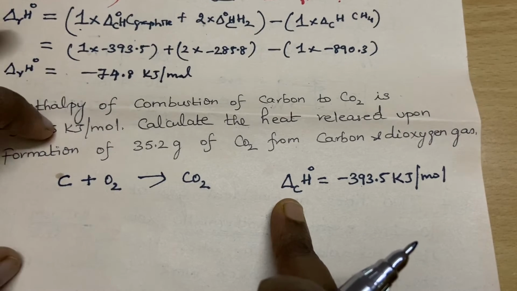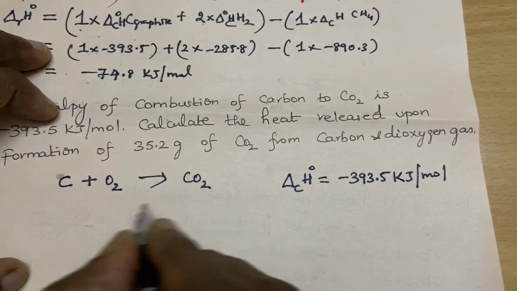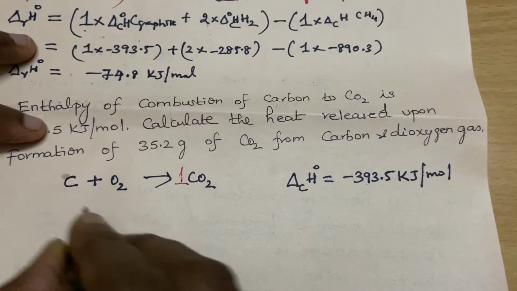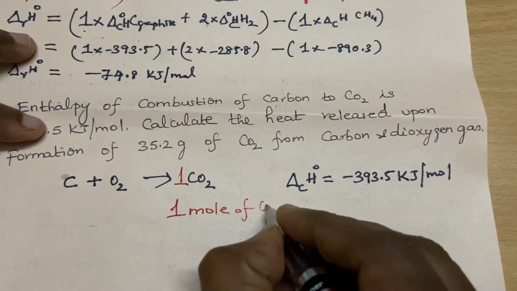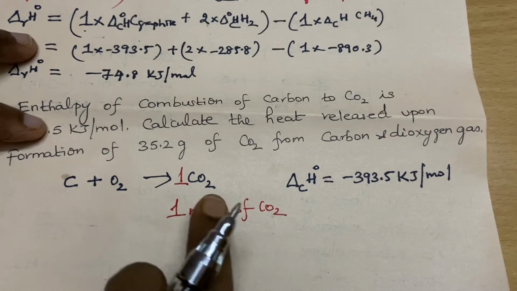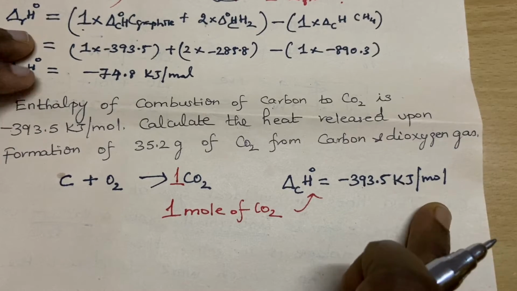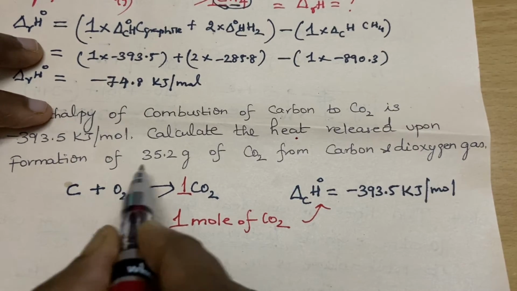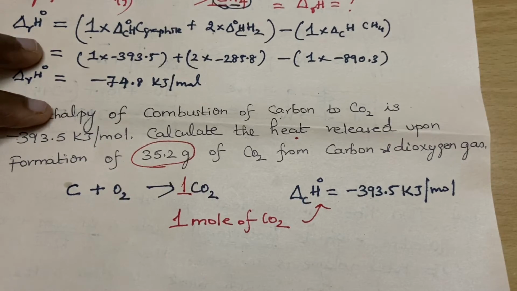Here they are asking, how many moles of carbon dioxide are produced in this reaction? It is 1 mole of carbon dioxide, and during that, this much amount of energy is liberated. They are asking, calculate the heat released upon formation of 35.2 grams of carbon dioxide.